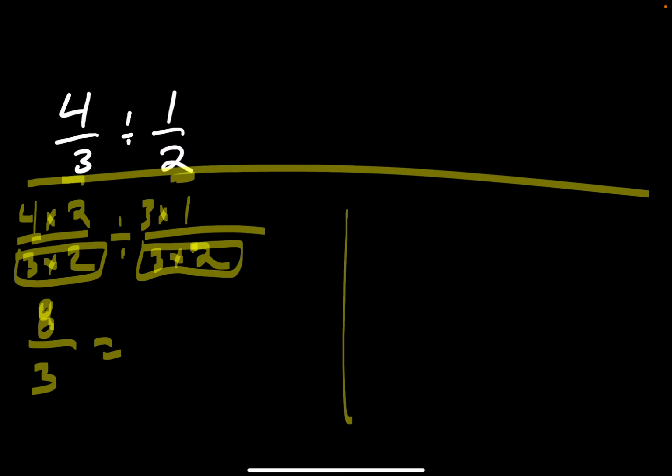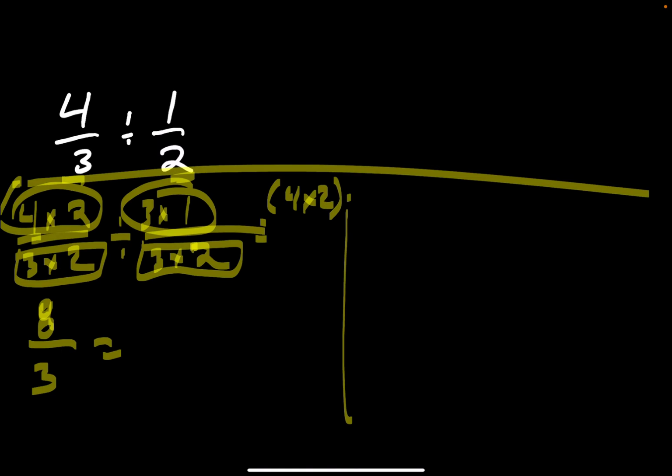I've skipped a step here, so if you need that step, it's 4 times 2 divided by 3 times 1. Now 3 goes into 6 twice, and I have 2/3.